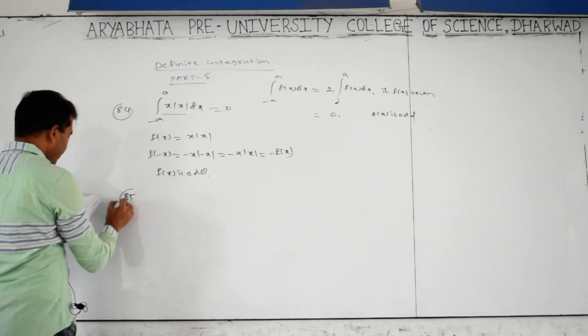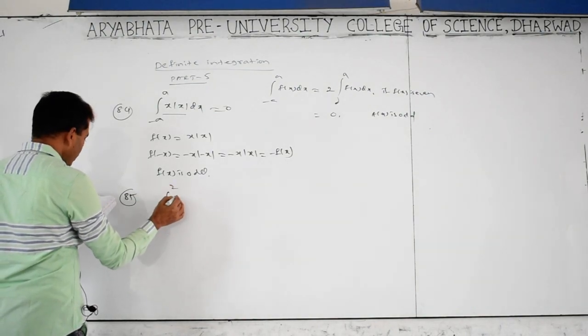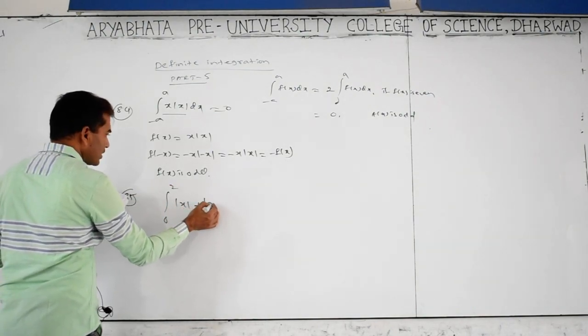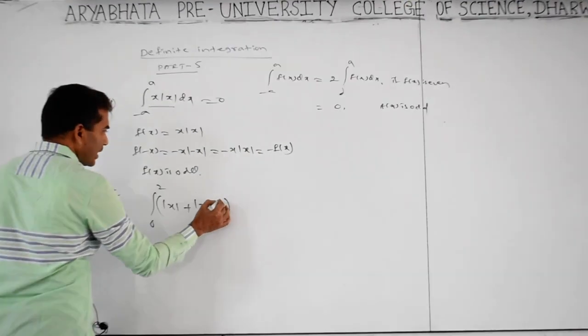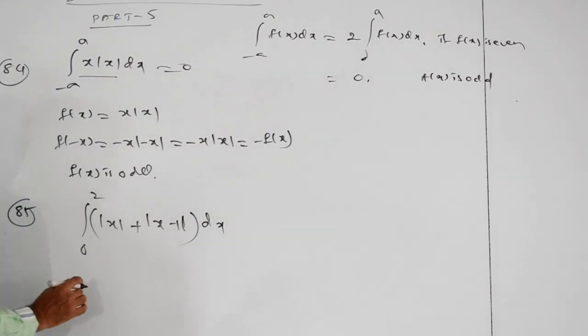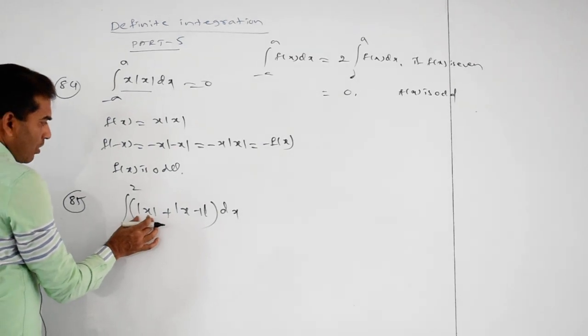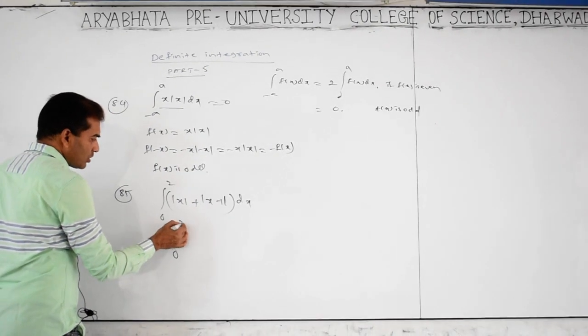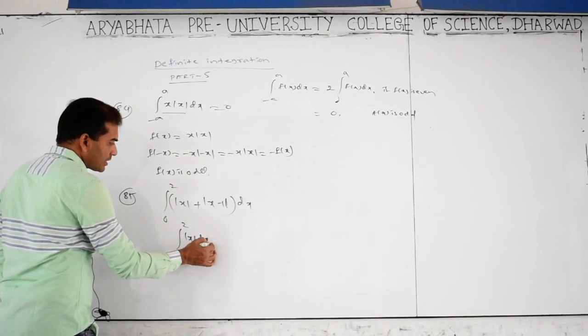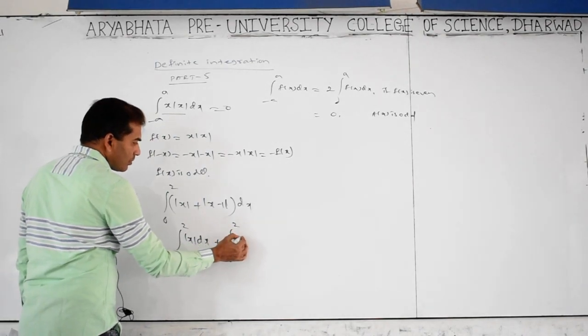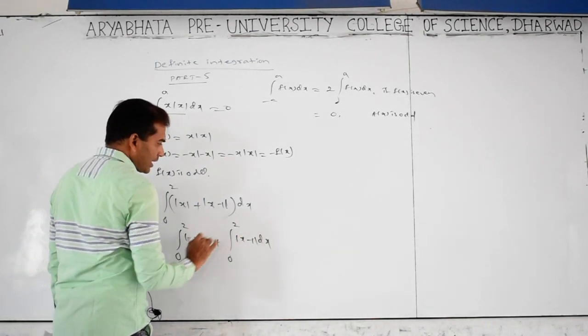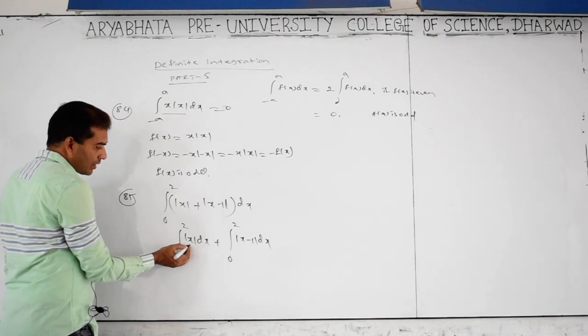Next, question number 85, integration of 0 to 2 mod x plus mod of x minus 1 dx. Here there are mods, we have to make it separate: 0 to 2 mod x dx plus 0 to 2 mod of x minus 1 dx. Here let us open the mod. How to open the mod?